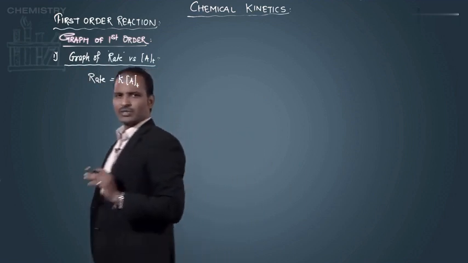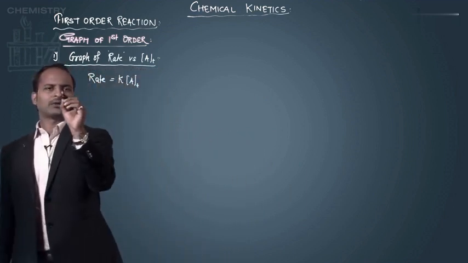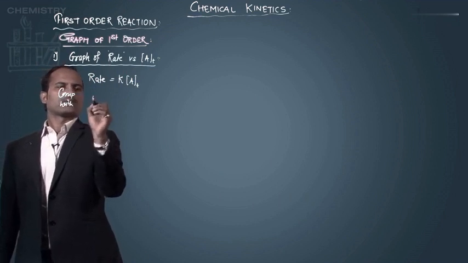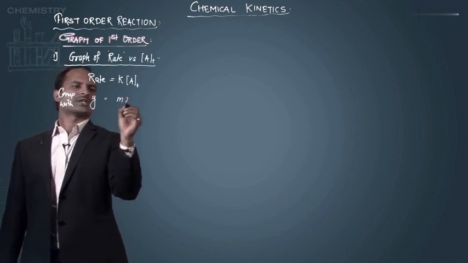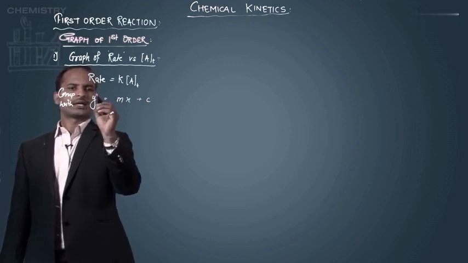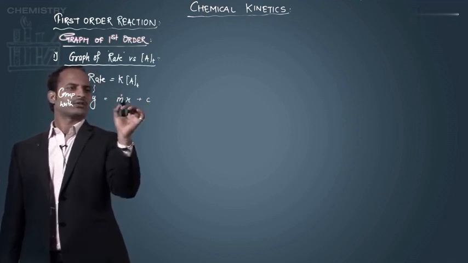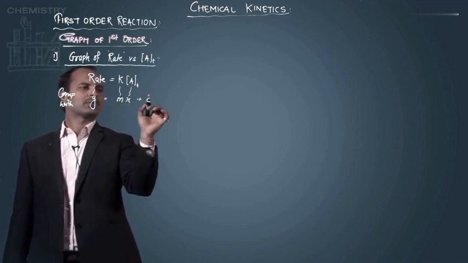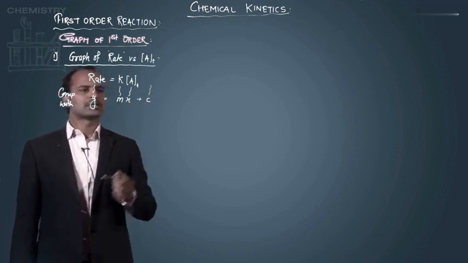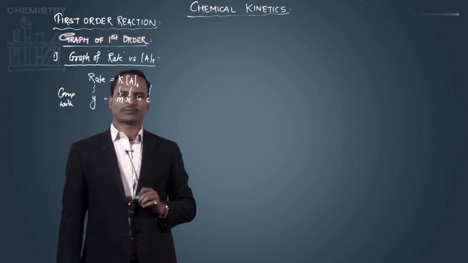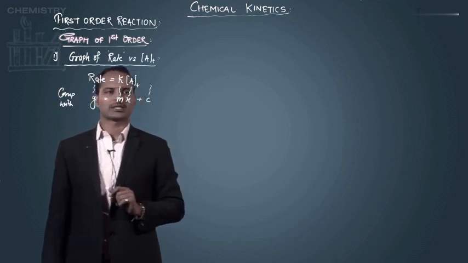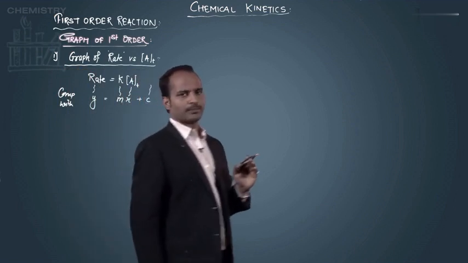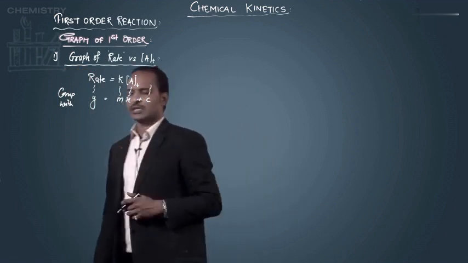Or if I compare with y is equal to mx plus c, then on y-axis we have rate, on x-axis we have concentration of reactant, k is going to be the slope, and c is going to be 0. C is 0, that is a y-intercept 0. Y-intercept 0 means the line is passing through origin. Slope is positive, it means from down to top, and slope is k here.